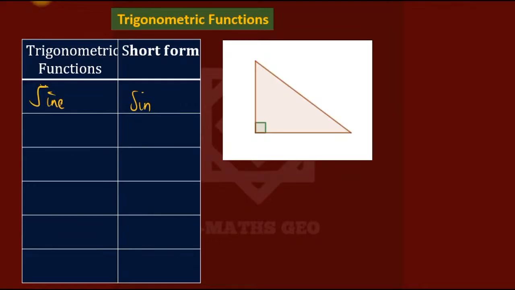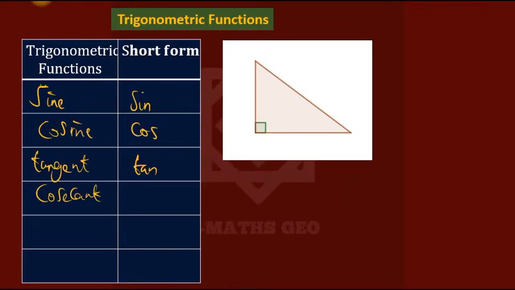We have cosine. The short form is cos. We have tangent. The short form is tan. We have cosecant.